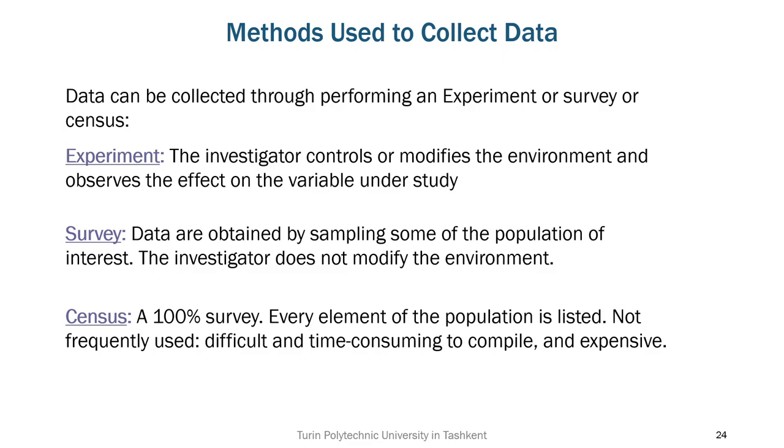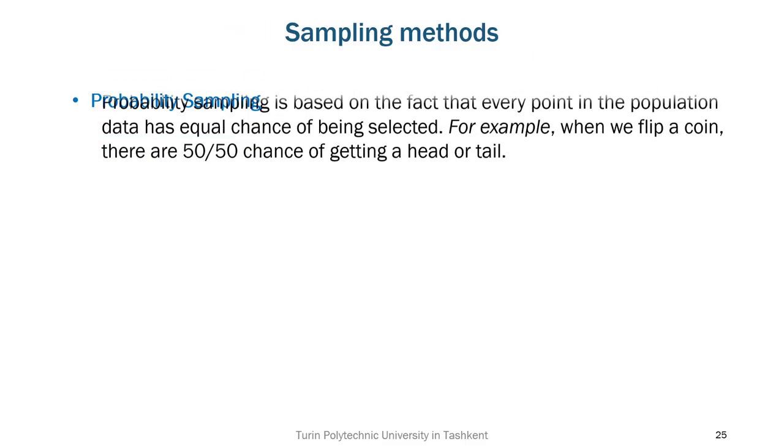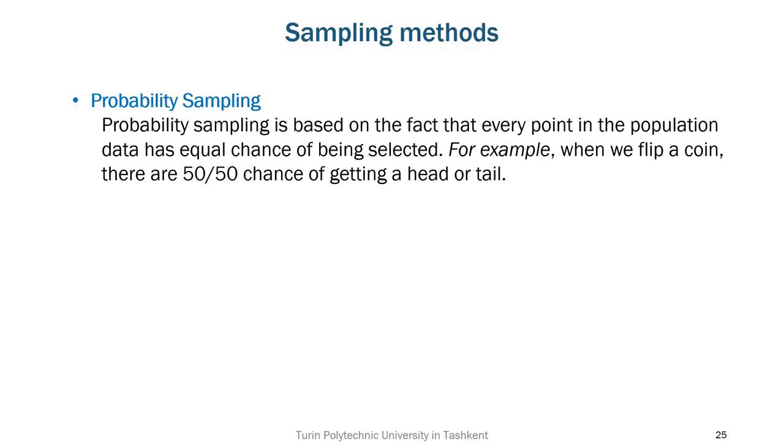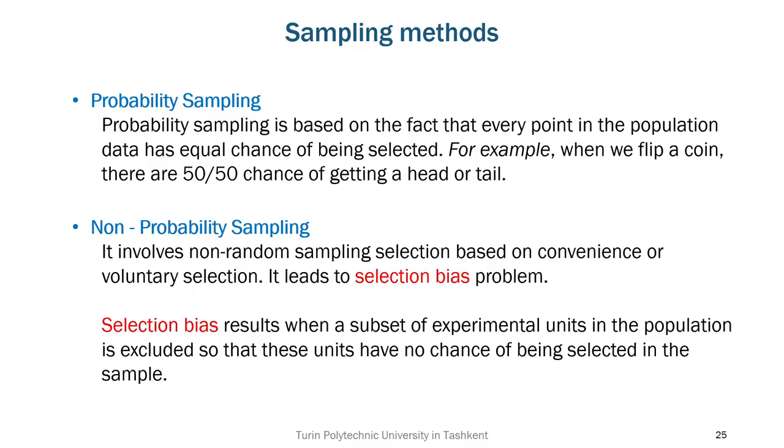Census is also a survey, but we survey the whole population instead of a sample. This is also the same as biased and unbiased sampling, but it's another term.